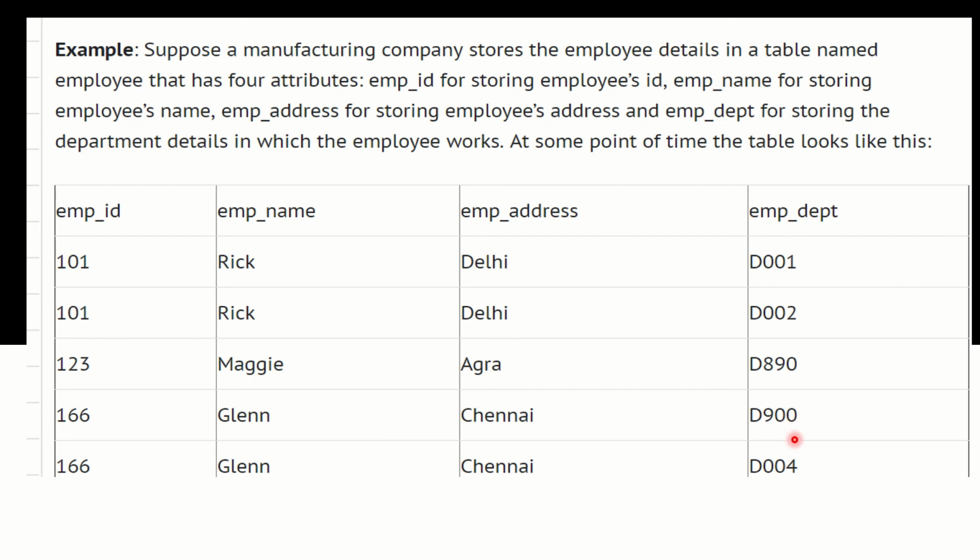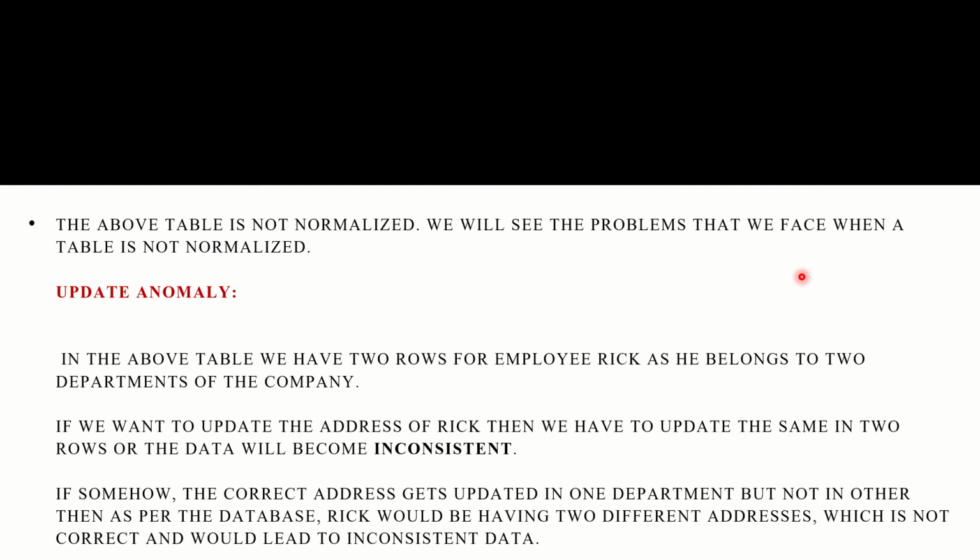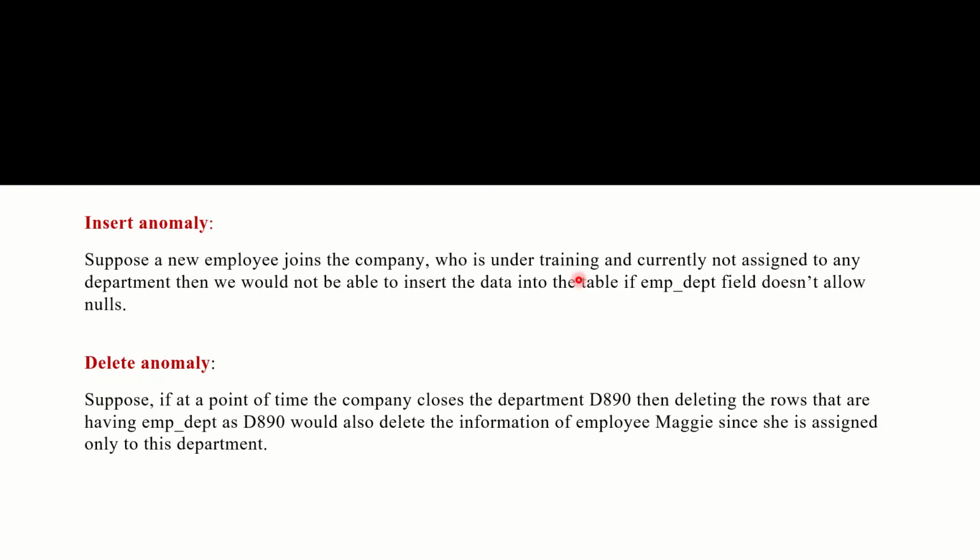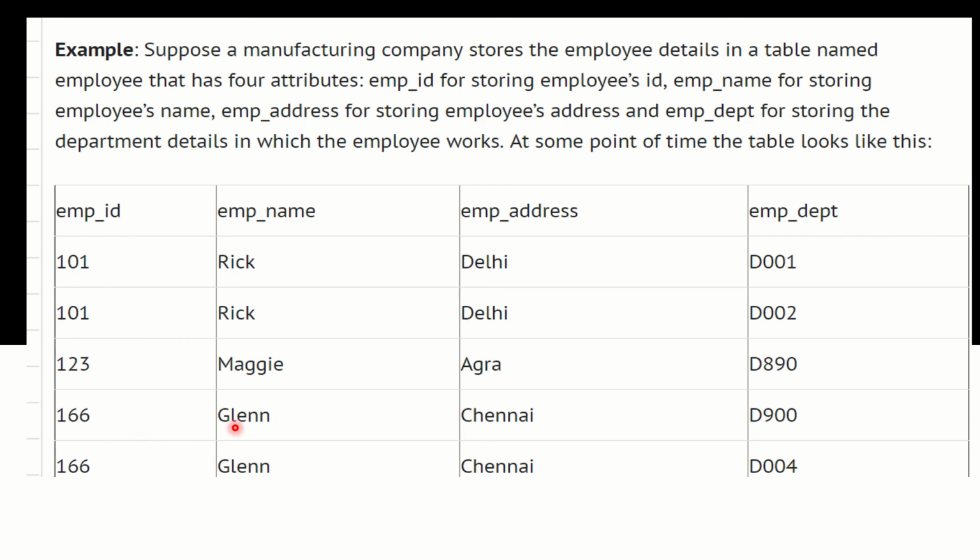So a particular row will be added to this table only if that person is assigned to one of the departments. In our case, suppose a new person has entered into the company and he is in the training phase. He has not been assigned to any of the departments. So what happens then? We cannot make an entry of that person into this table because there is no particular employee department for that person since he is in the training phase.